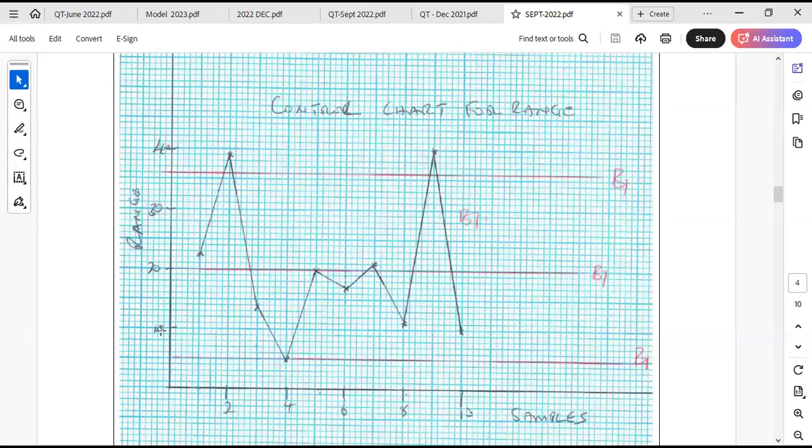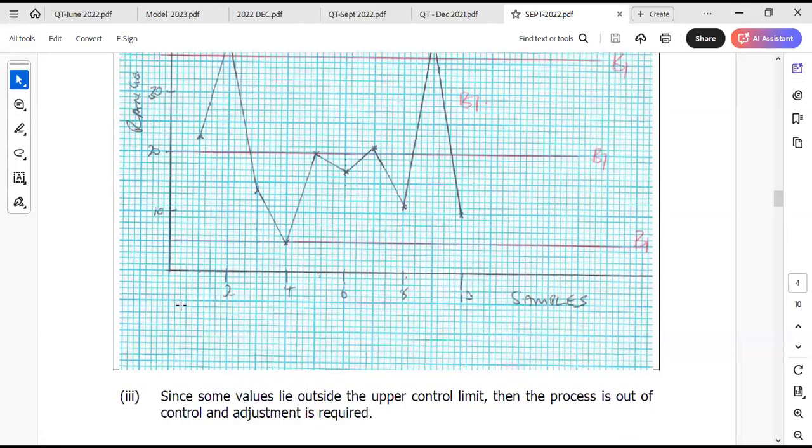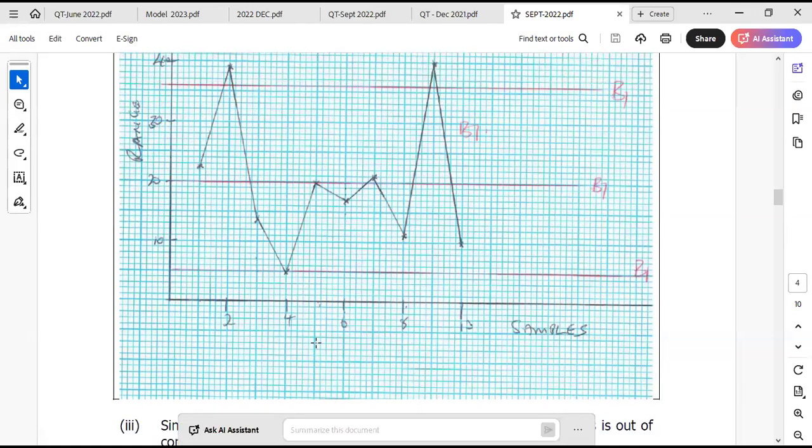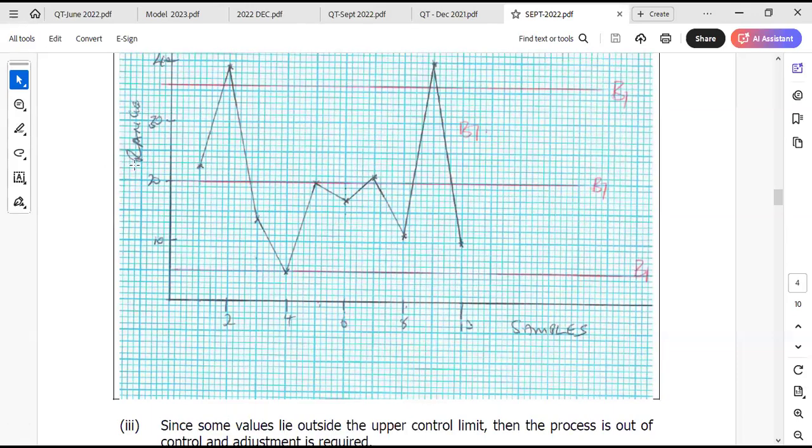I think even a scale of 5 can work for you. Since you're not having negatives, you can start from here. You leave 10 centimeter down, and on the left side of your graph paper, you also leave 10 small units.